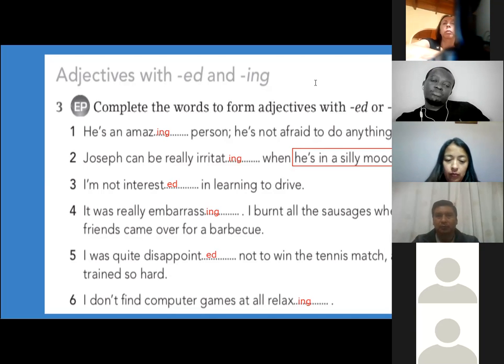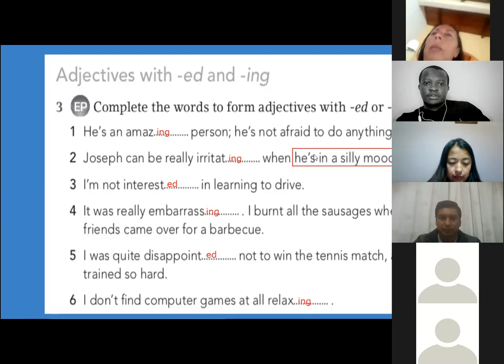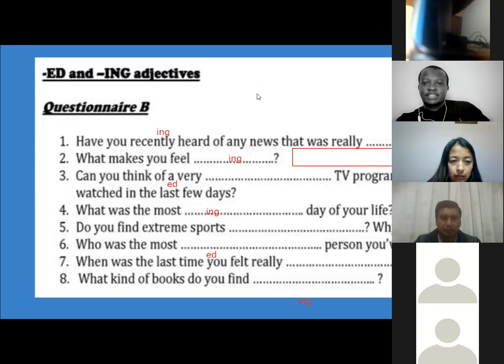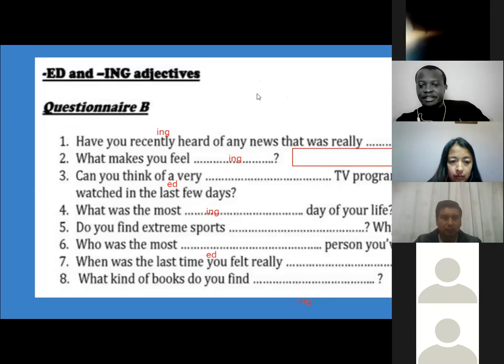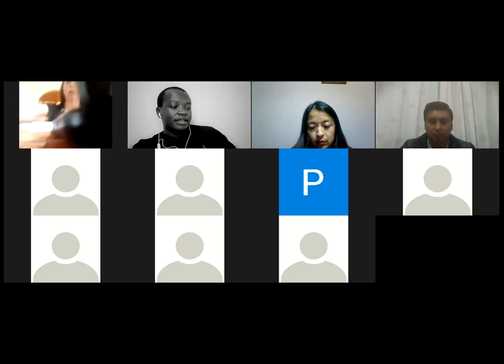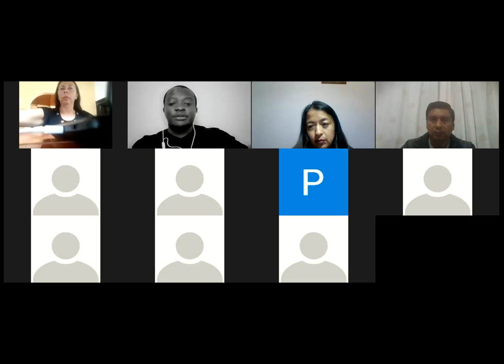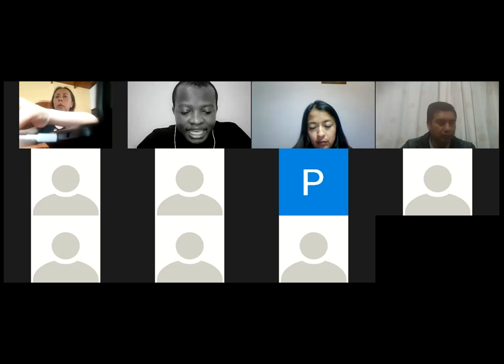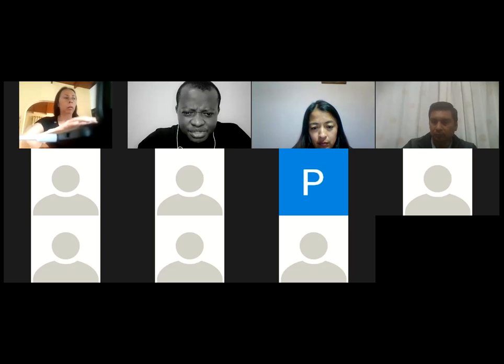Can I continue? Yeah. Okay, we have a simple activity here. It's a speaking activity, but I don't know if we have sufficient time. I'm going to need to use a notebook. Let me divide you. We are going to have student A. How many students do we have?